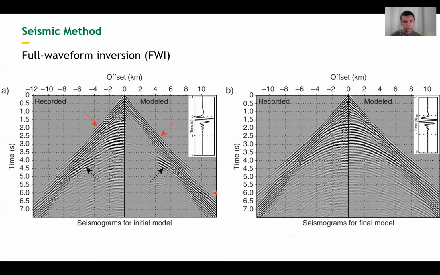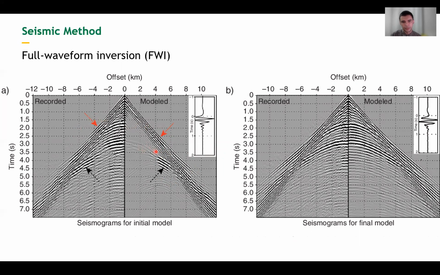Here, an example of the initial step of the FWI, in which it takes the initial low resolution model from the seismic tomography and simulates, using numerical modeling and the wave equation, a seismic acquisition and compares it with the recorded one.